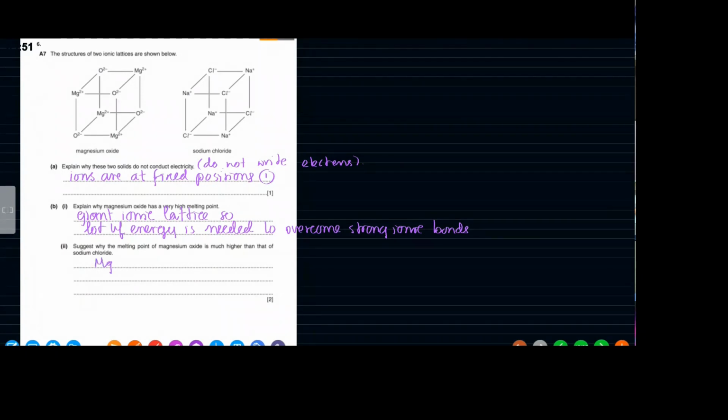Because Mg2+ and O2- have a greater charge, so the ionic bonds are stronger. The ionic bonds are stronger.